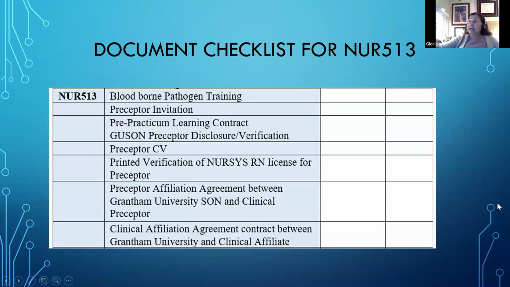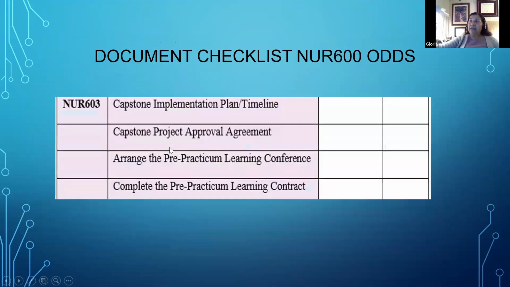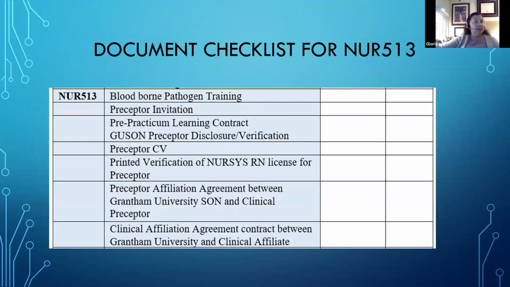Additionally, Dr. Farrell will be requiring that we take a look at the preceptor CV, the preceptor who will be working with our students during the practicum, which is the even 600 courses.